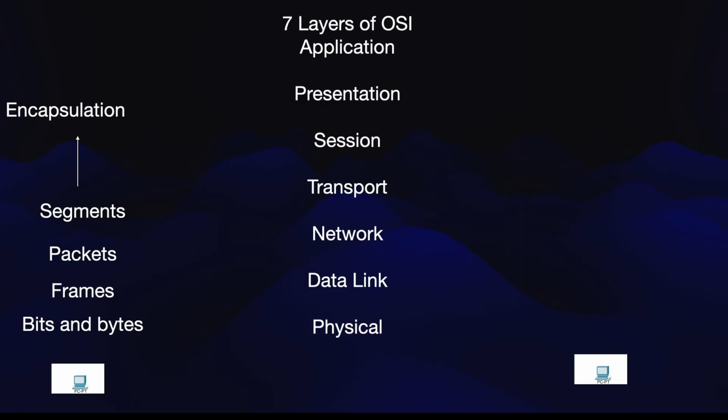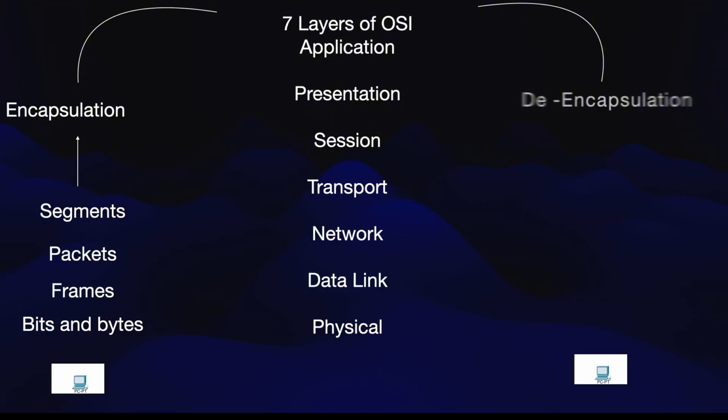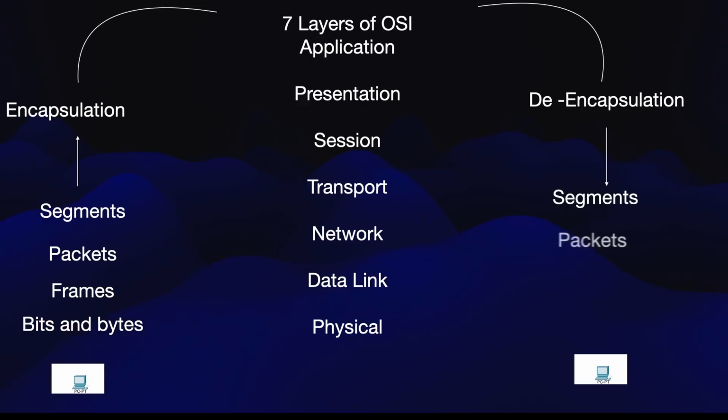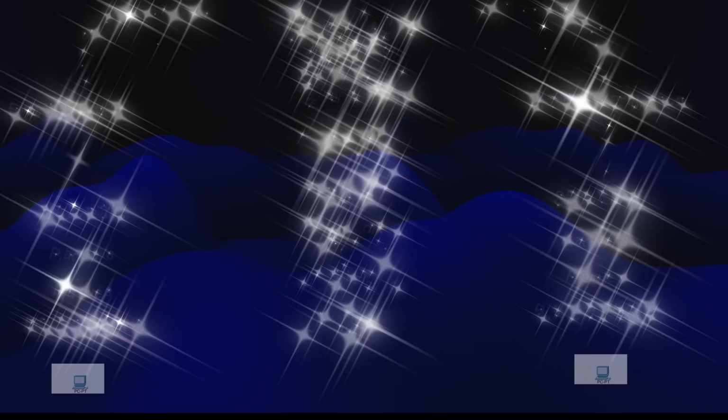And the data is sent over the network, or in this case, through the physical medium. And when it reaches the other side, it de-encapsulates, meaning it just removes the segments, packets, frames, and bits, and eventually sends the data to the other PC.